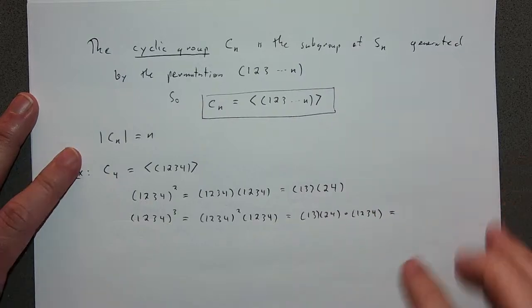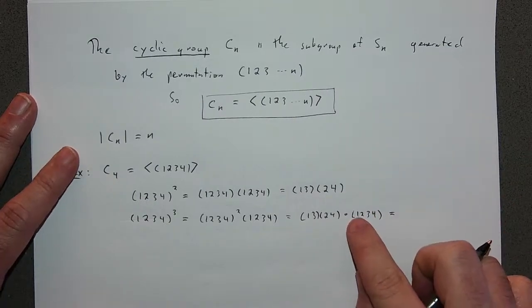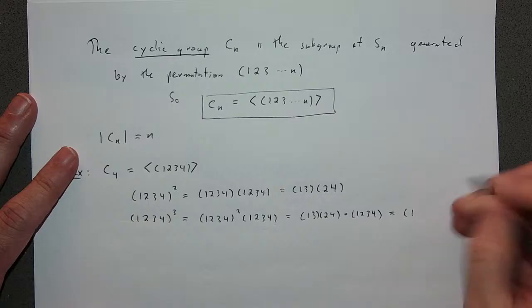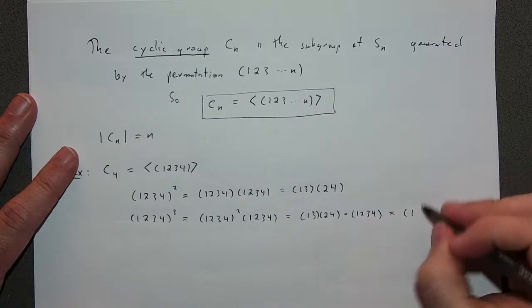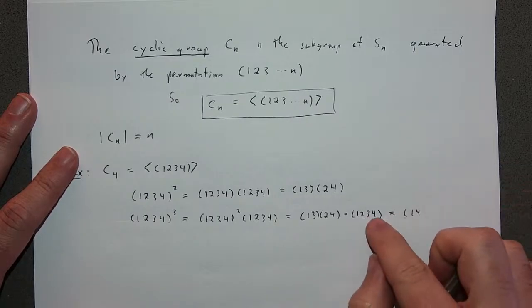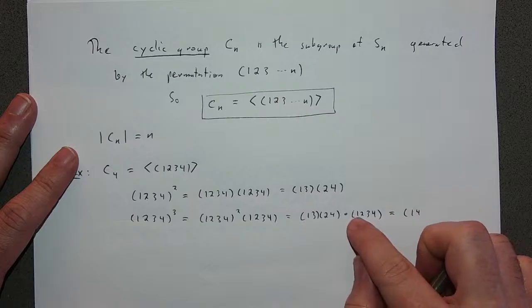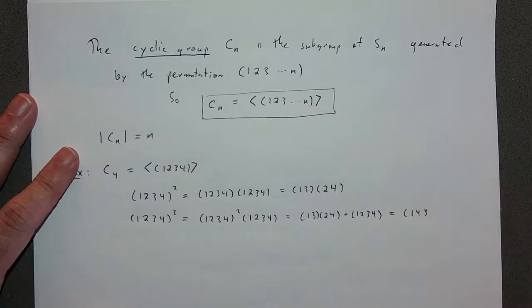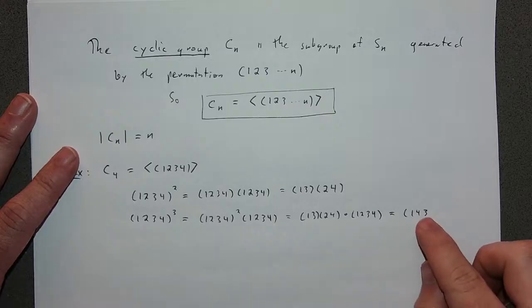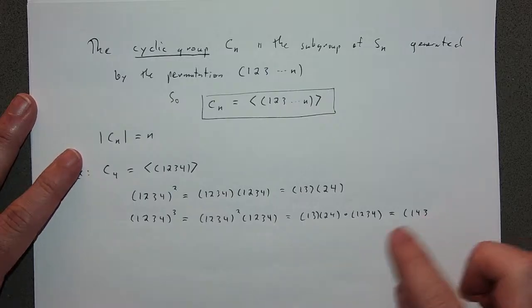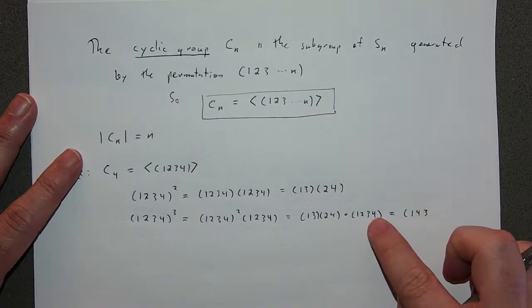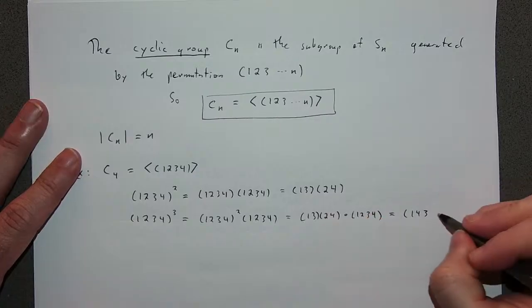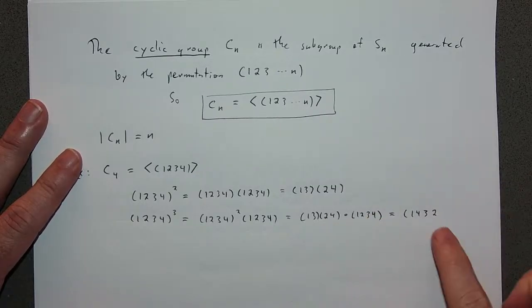Here, we'll start with 1. 1 goes to 2, 2 goes to 4. So 1 goes to 4. Here, 4 goes to 1, 1 goes to 3. This is (1 4 3). Then here, 3 goes to 4, 4 goes to 2. This is (1 4 3 2).